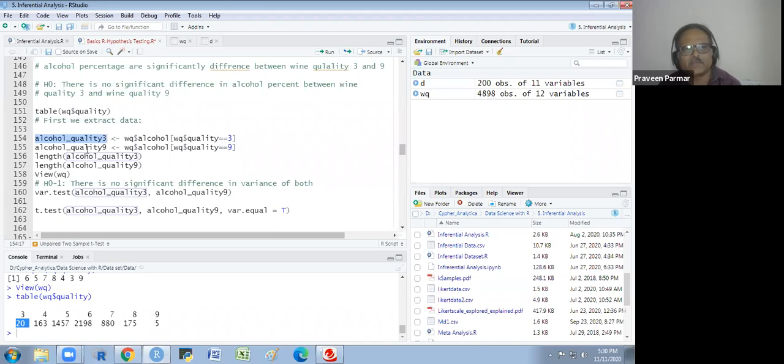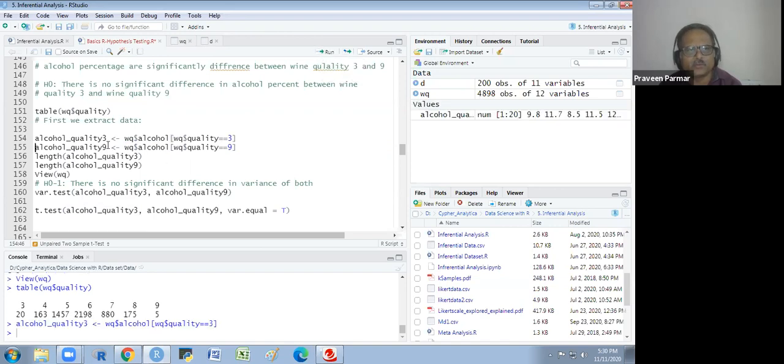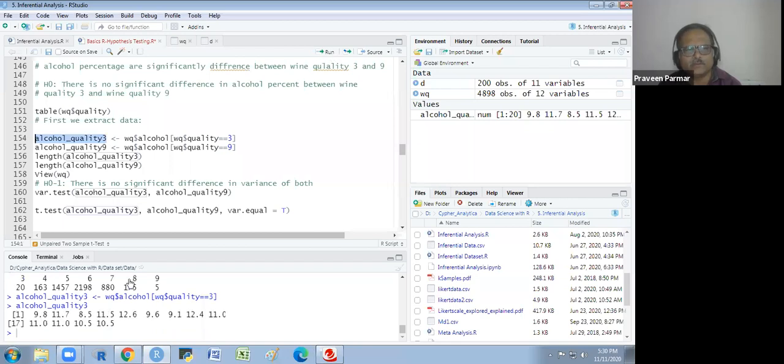So we will make it a separate independent vector with wine dollar alcohol, taking wine quality 3 only. So I will take the 20 observations. If you run it, you get 20 observations for alcohol.